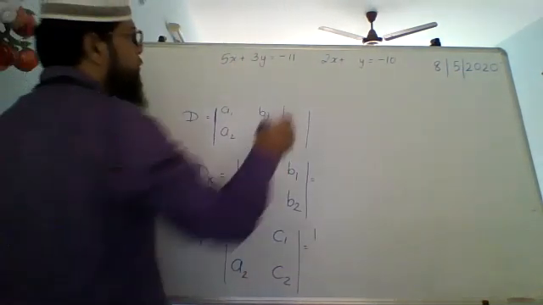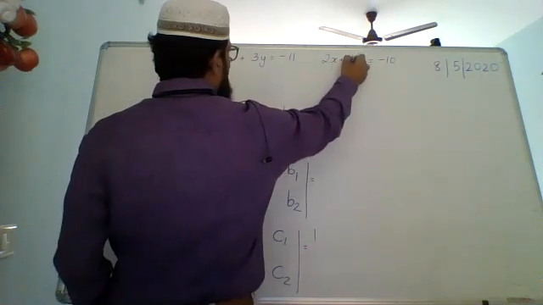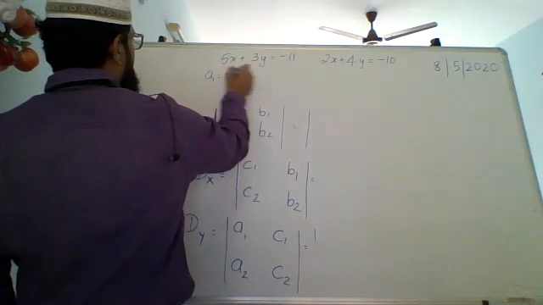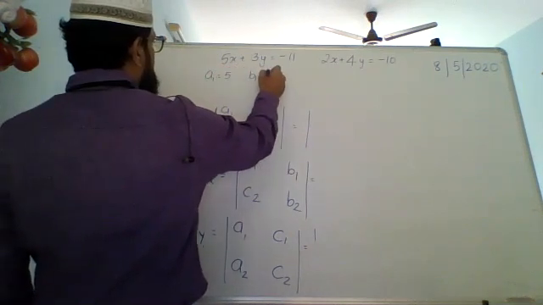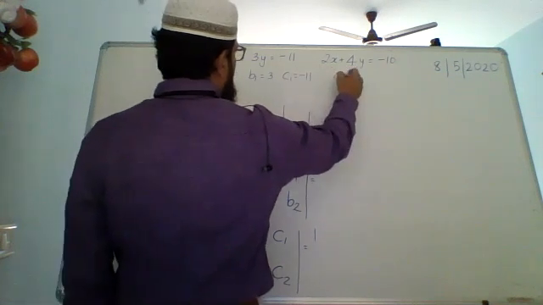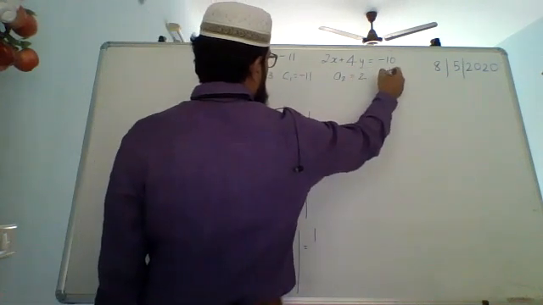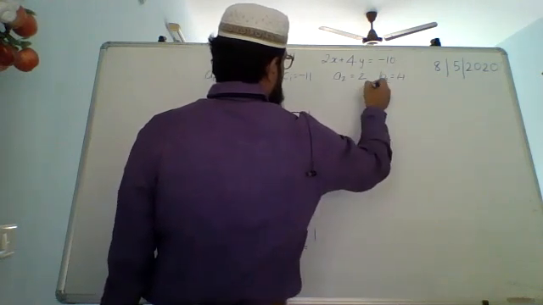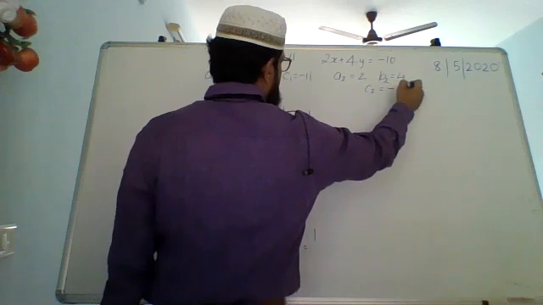So from this I can say a1 equals 5, b1 equals 3, c1 equals minus 11, a2 equals 2, b2 equals 4, and c2 equals minus 10.